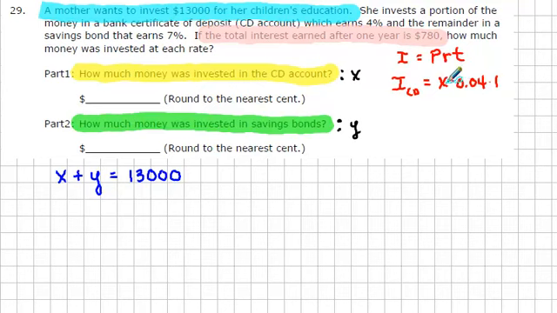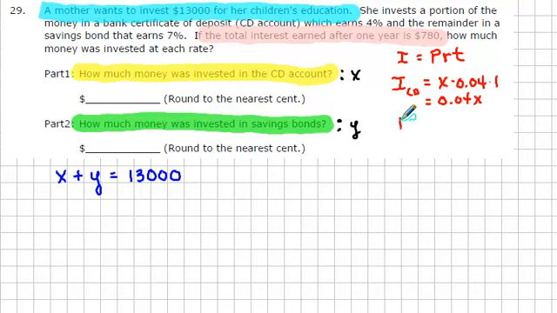When we multiply X by 0.04 times 1, we get 0.04 multiplied by X. So the interest on the CD is 0.04x.